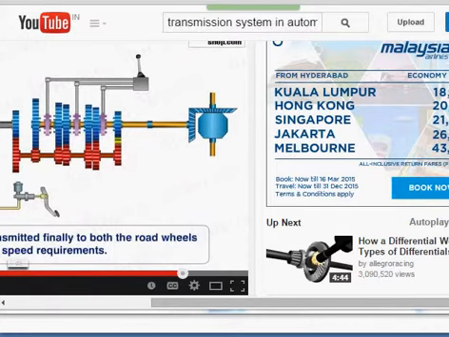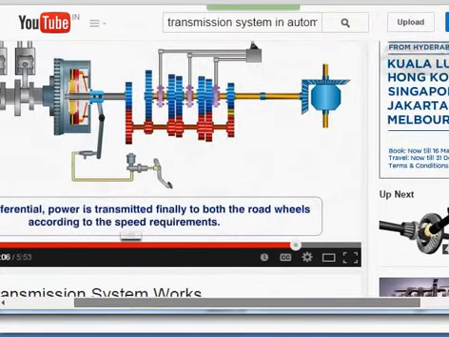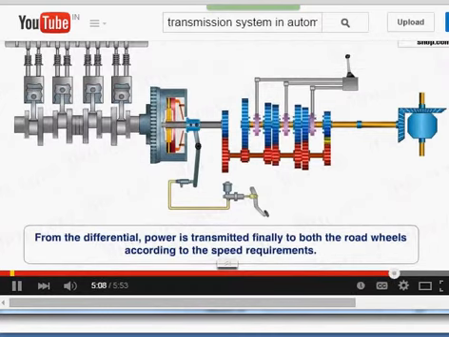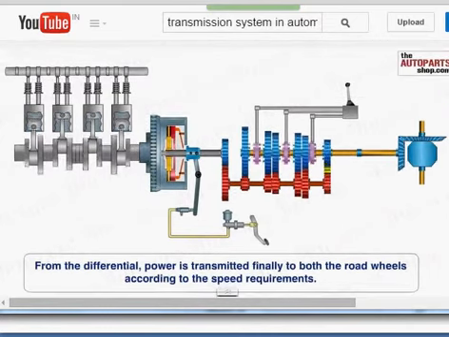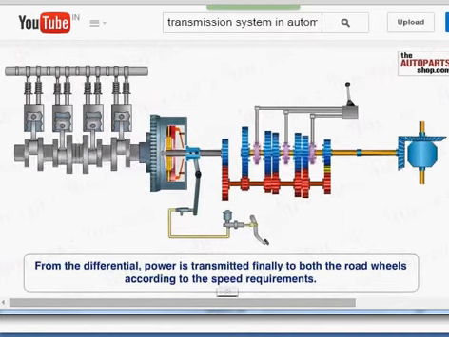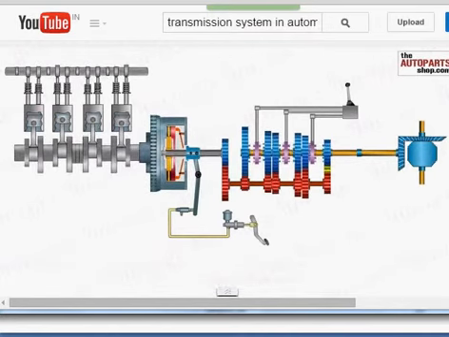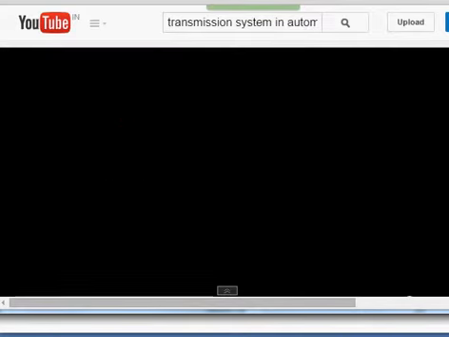And this is how a transmission system works in an IC engine. These are the engines, connected to the crankshaft so that the rotary motion comes out of the engine, and this is the clutch unit.